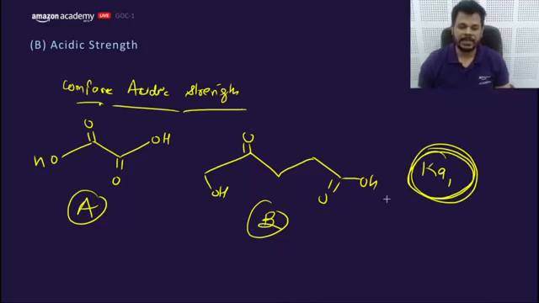What is Ka1? Acid dissociation constant 1.